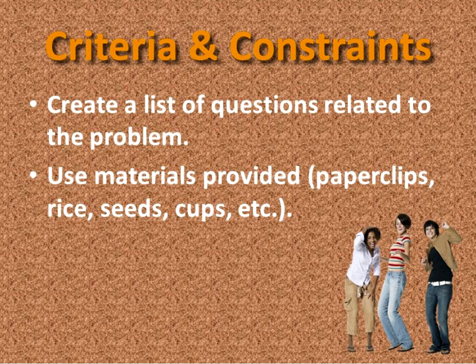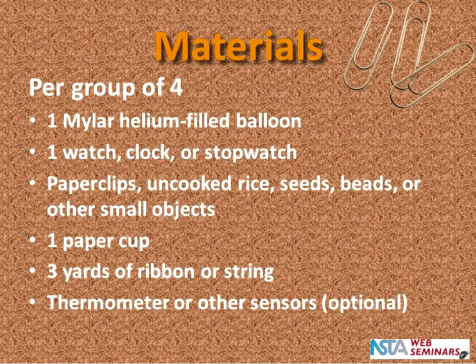The students will be given materials, and we're going to talk about that in a moment. The materials then will be the only materials that the students can use to change the level or to make this float at a certain level.